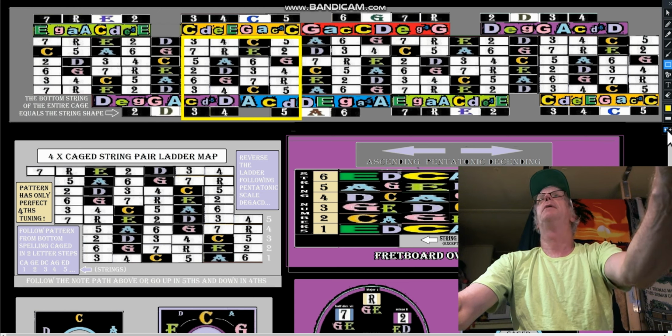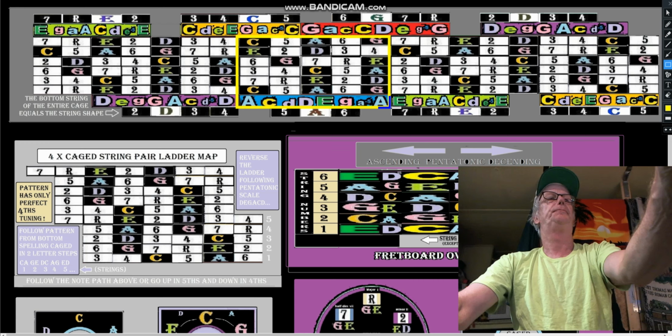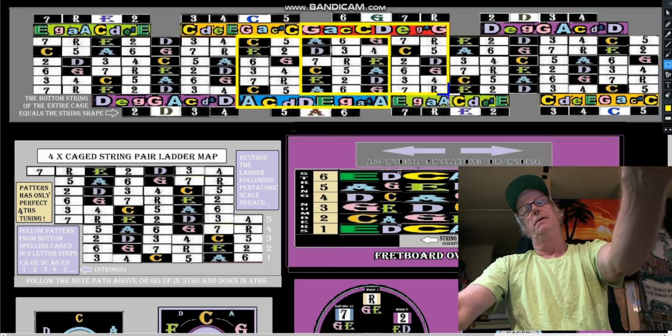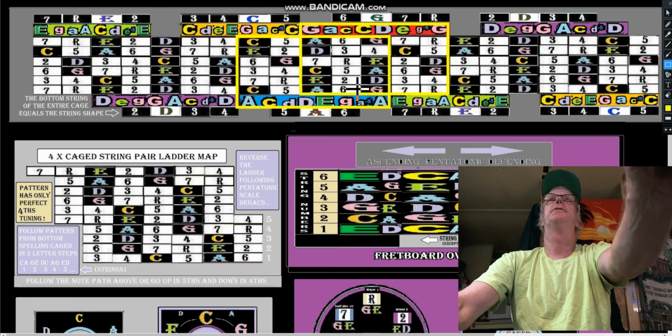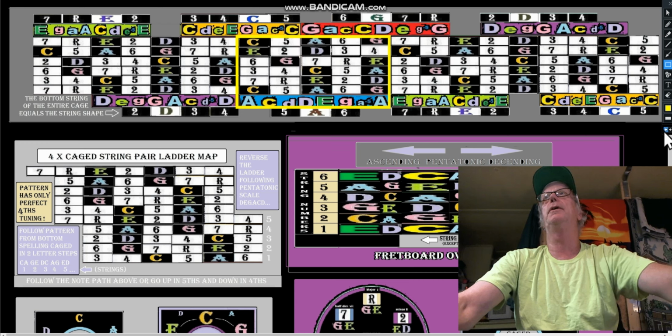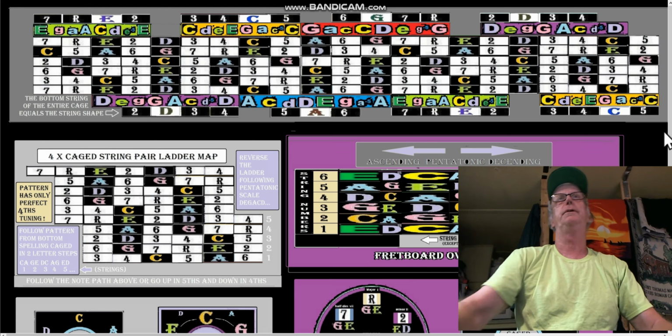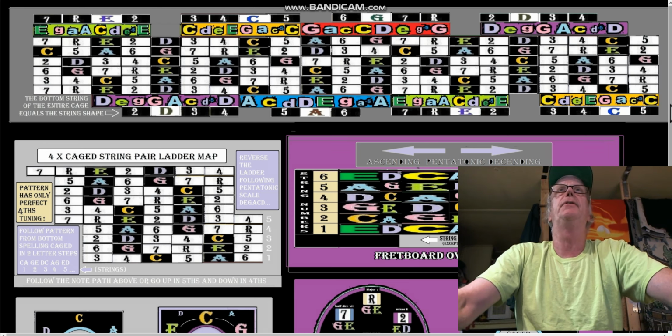So the A box is right here, and that would be the third inversion, and then over to the G box here gives us the fourth inversion of that pentatonic scale because we're starting on the 6th note. So it depends on how you want to look at it: are you looking at inversions, or are you calling a position something else?